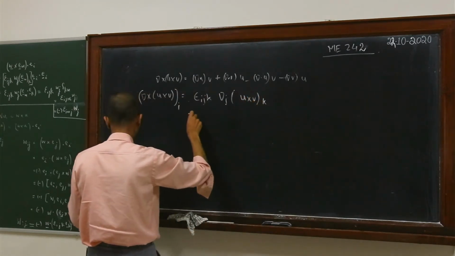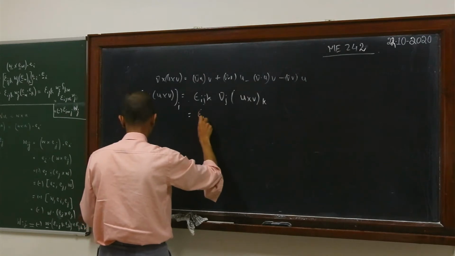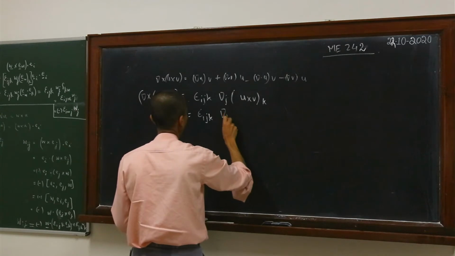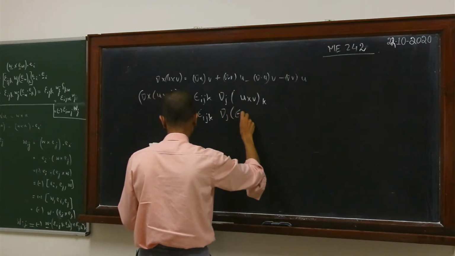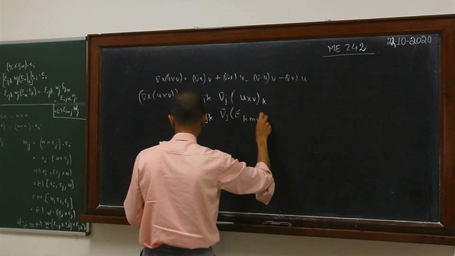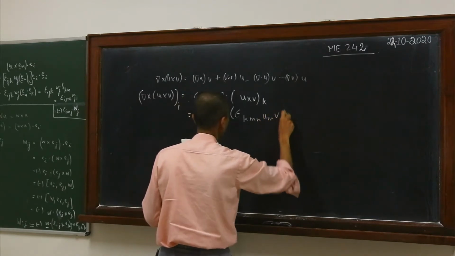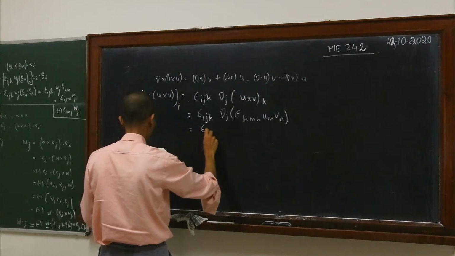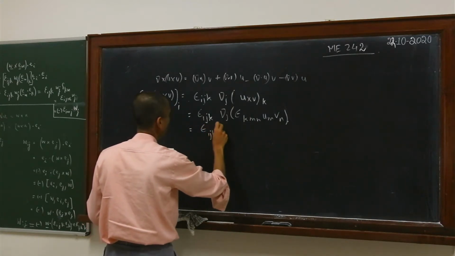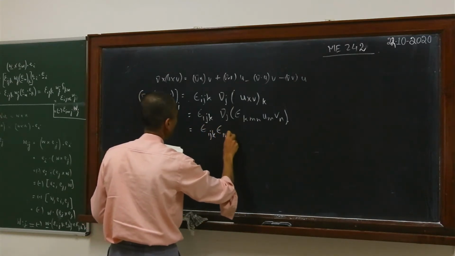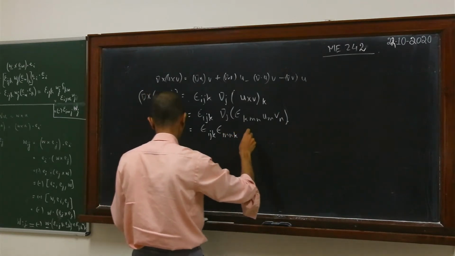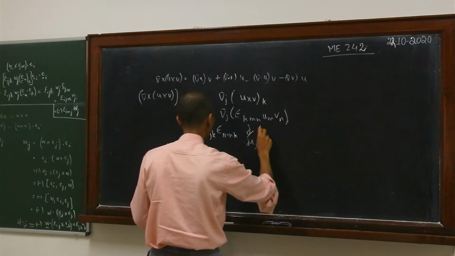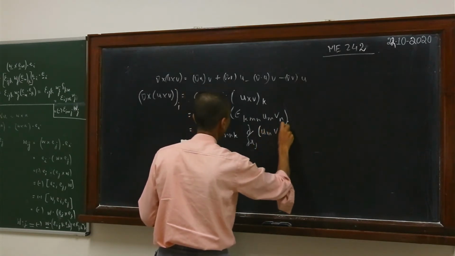So this will be equal to epsilon ijk, and then this I will write as epsilon kmn um vn. And then this can be put outside, so this will be epsilon ijk epsilon mnk, and then del by del xj of um vn.